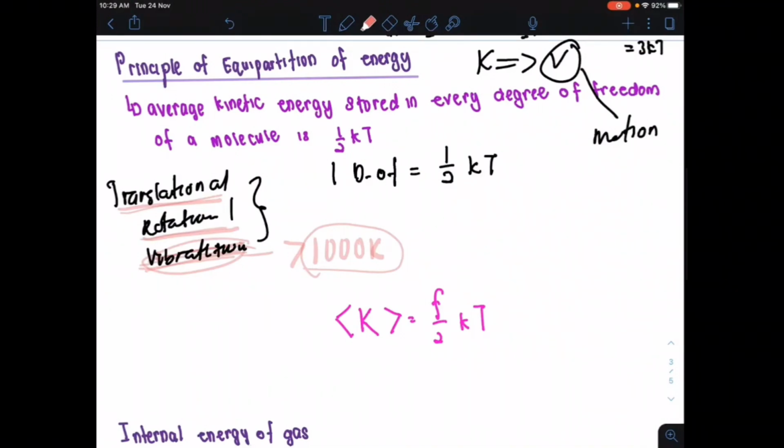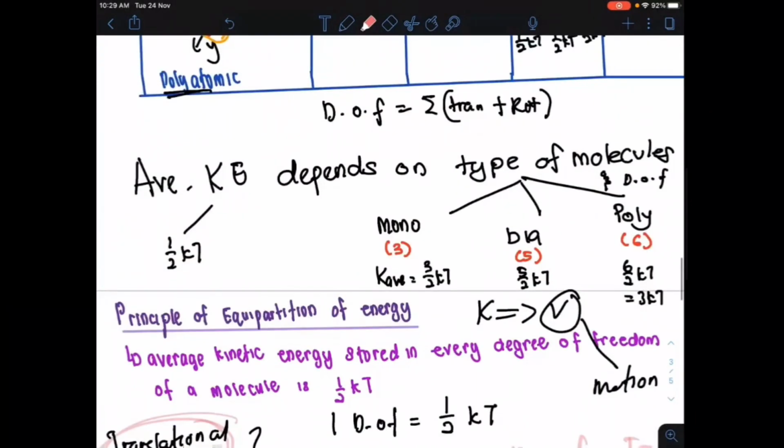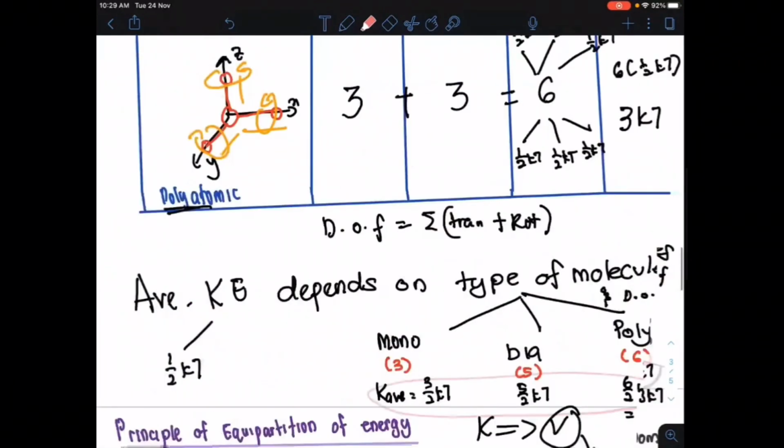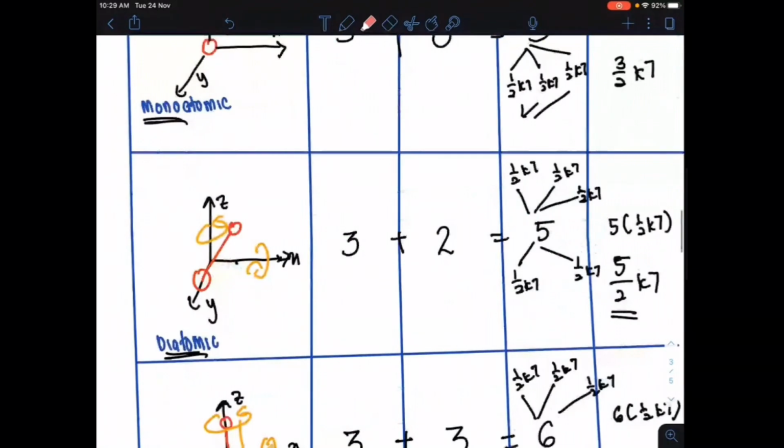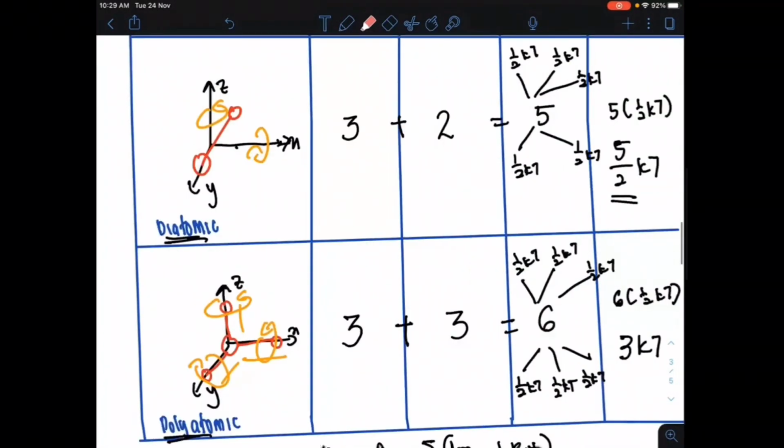Okay, so degree of freedom mereka kena campur the translational with the rotational. Okay, and then you can deduce the kinetic energy. So secara conclusionnya, K average ini untuk mono, di dan polyatomic, kalau kamu perasan, dia 3/2 kT, 5/2 kT dan juga 6/2 kT.